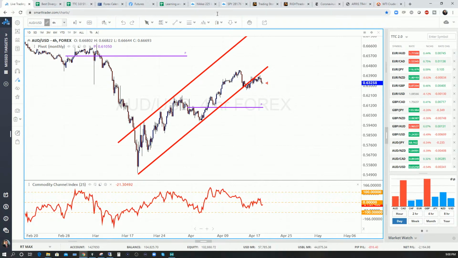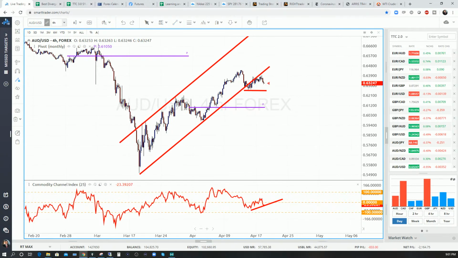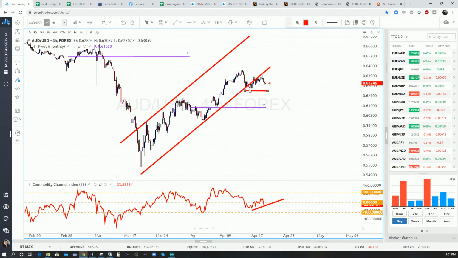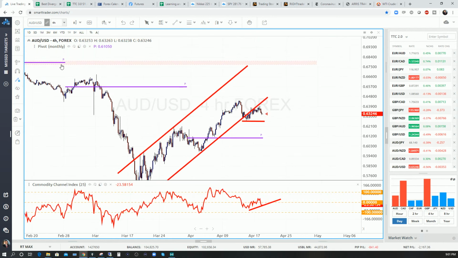So what I'm going to be looking for right now is price to take out that low, trade a little lower, and then we need to still see the oscillator moving bullish. So right now, I need price to trade below this level, which is priced at 62.58. If I trade below 62.58 and I still see the oscillator moving bullish, then I may have another move to the upside towards this target right here.